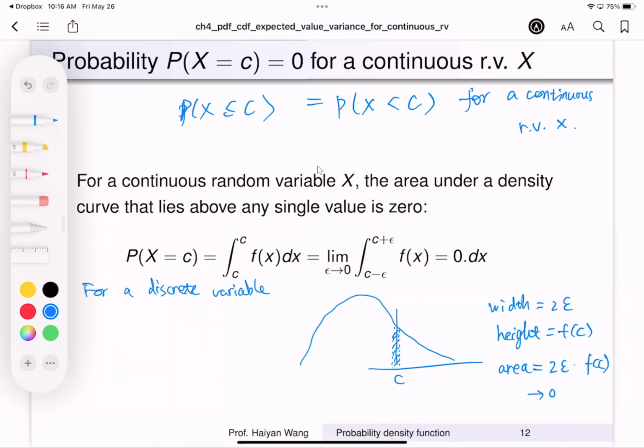For example, x takes either value 0 or 1, with 1 having probability 0.5 and 0 having probability 0.5. In this case, we only have two possible values.